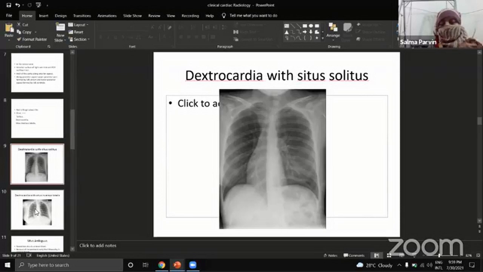The thorn was introduced to the left side of the chest cavity to kill the hero, but surprisingly, the hero was not dying, and the villain was defeated because the hero had dextrocardia.